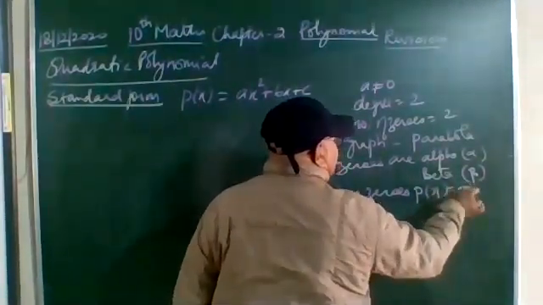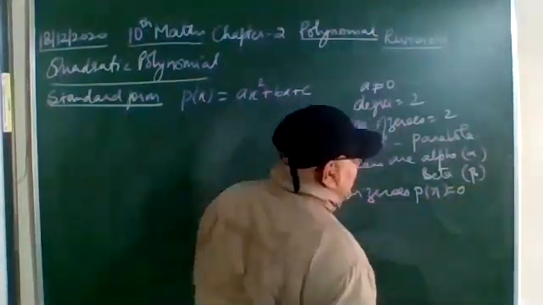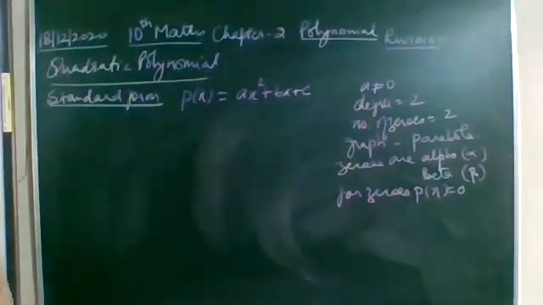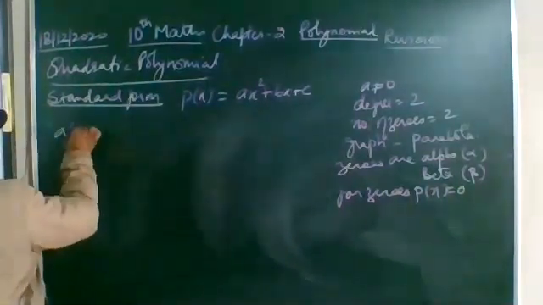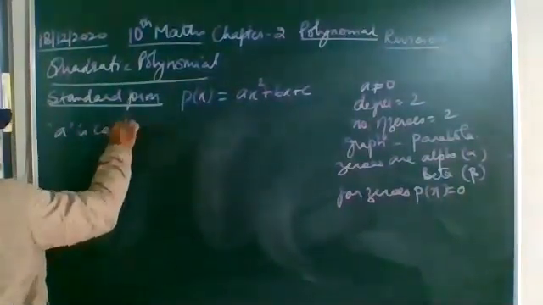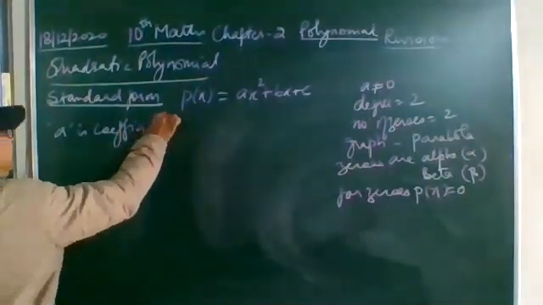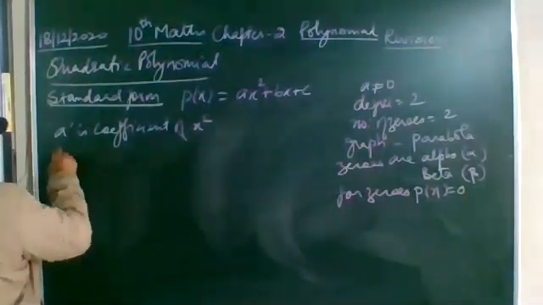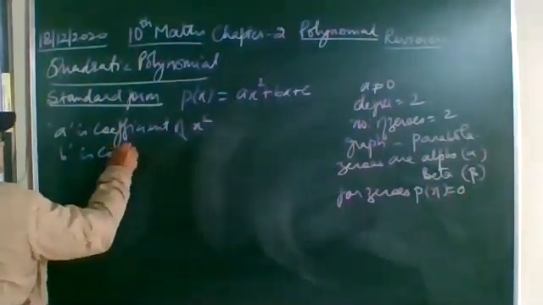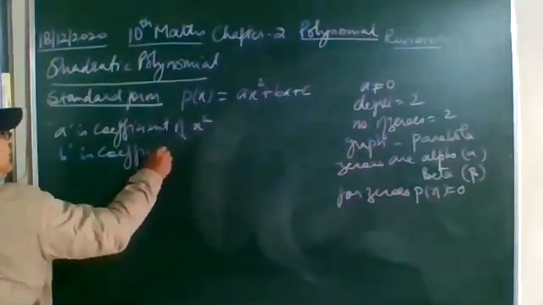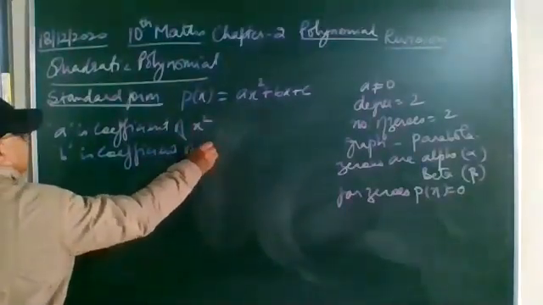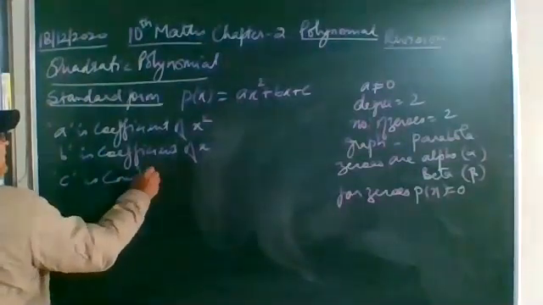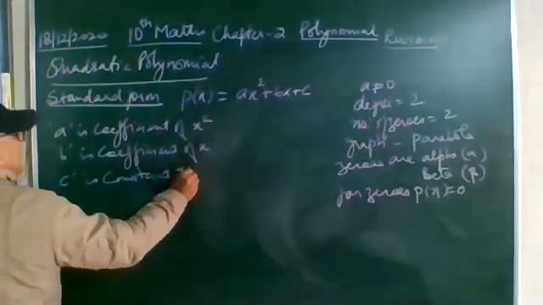This is the condition whenever you want to find the zeros of the polynomial. You remember this. Now a is the coefficient of x square, b is the coefficient of x, c is the constant term.